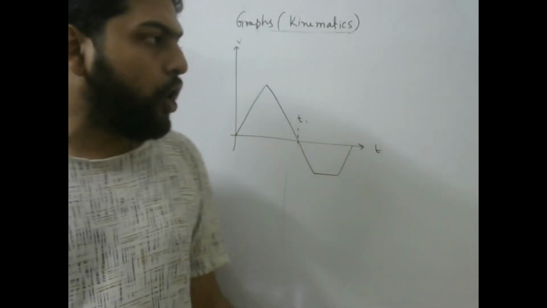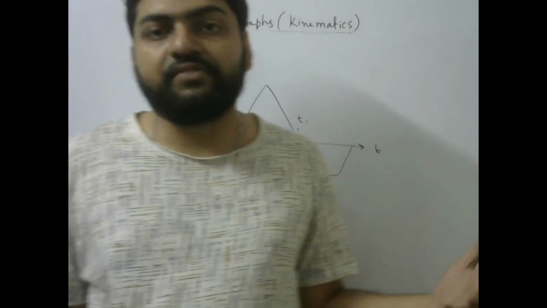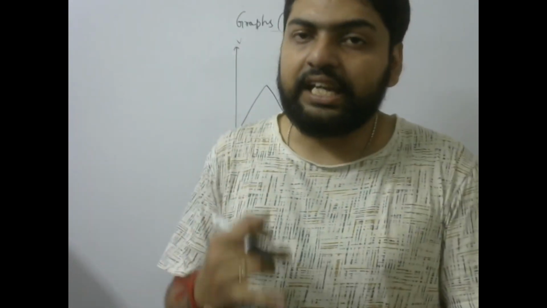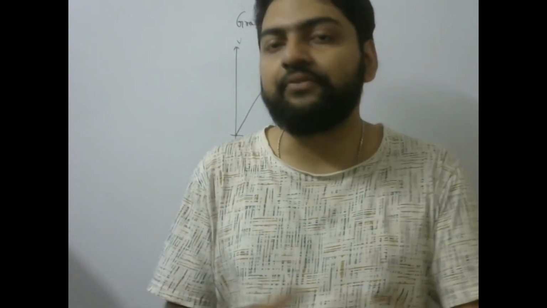So these are all the different kinds that we can sum up under the section of kinematics graphs. We have discussed the velocity time graph and the acceleration time graph, and I told you it will be related to the previous video where we gave you the idea of the general graphs.